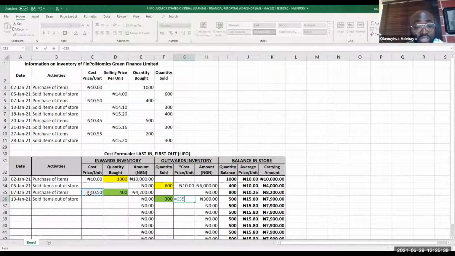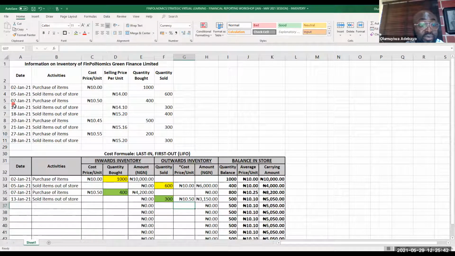The cost of what I'm selling is 10.50 kobo at that price. Now, on the 18th, I sold an additional item, 400 units, which means first I'll sell from this last batch because it's last in, first out. I must exhaust the last batch before moving to the earlier batch.